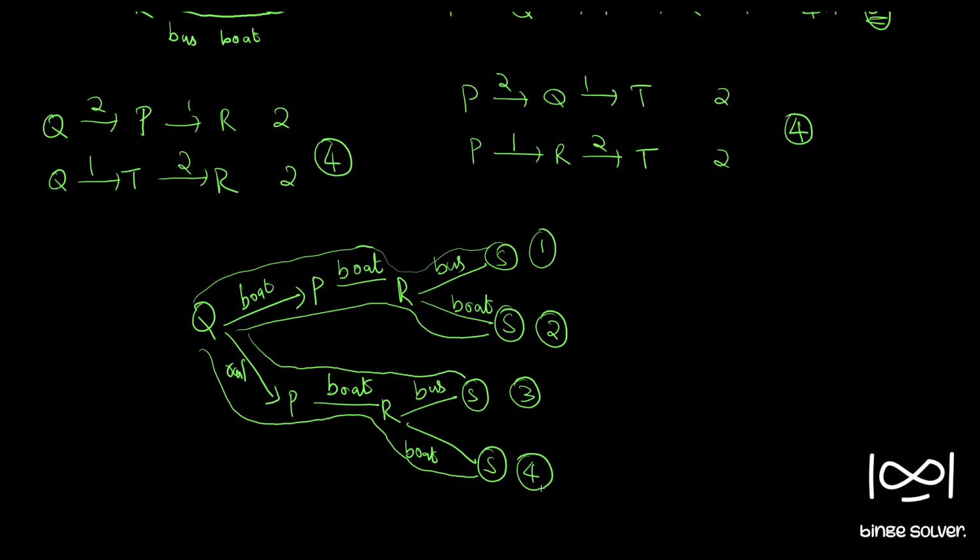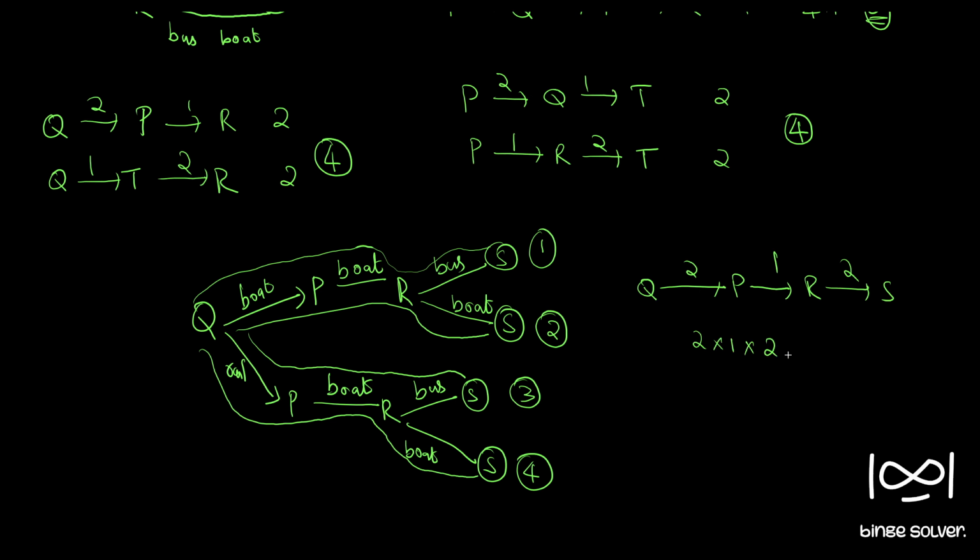So there are total 4 combinations. How can we find that without drawing like this? If we have Q to P 2 combinations, then P to R 1 combination, then R to S 2 combinations, then we can easily find the total number by multiplying these, 2 into 1 into 2. It's like finding the total number of permutations possible.